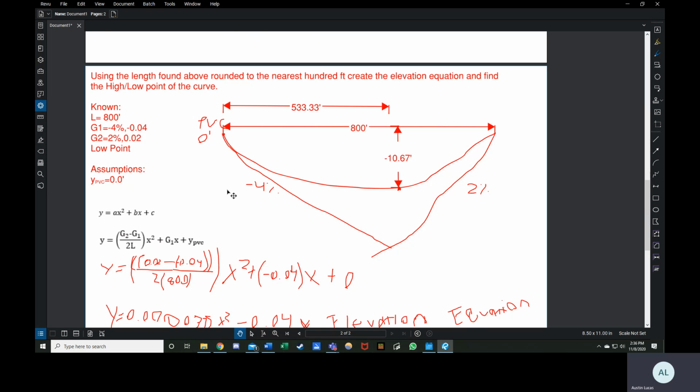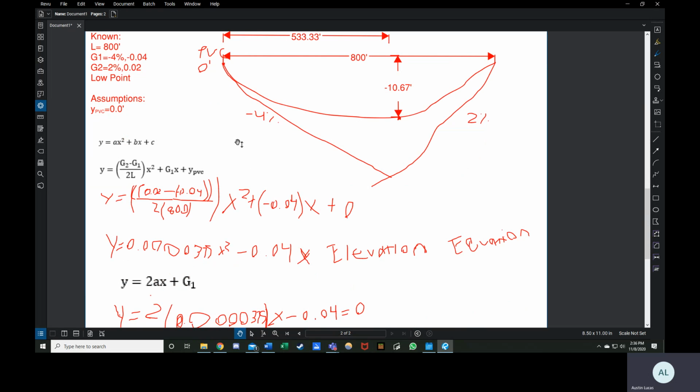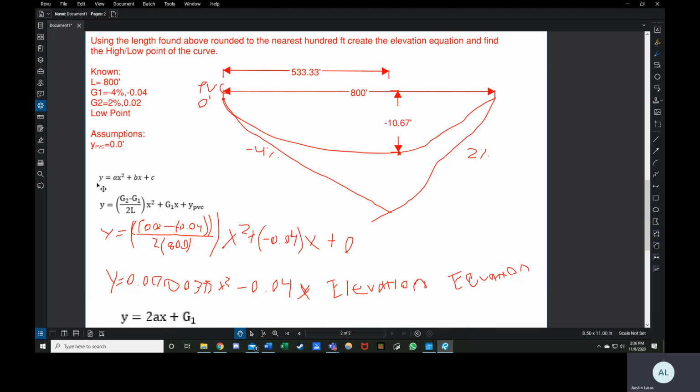So I assume 0, it keeps the math easy. So finding our elevation equation is rather simple. It's given to us. We just have to plug in a few variables.